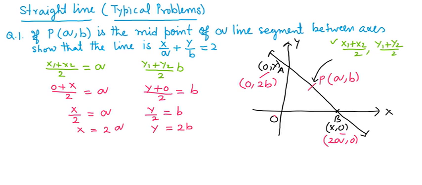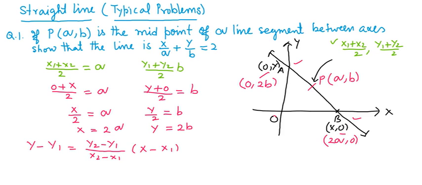Now we know that the equation of the line passing through these two points is y minus y1 is equal to (y2 minus y1)/(x2 minus x1) into (x minus x1). This was the concept.